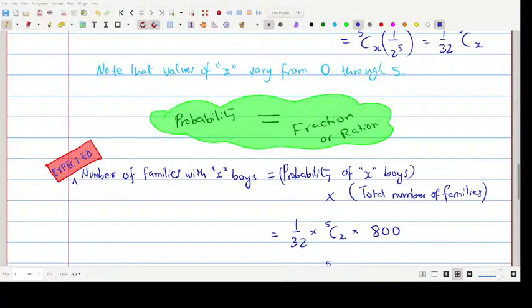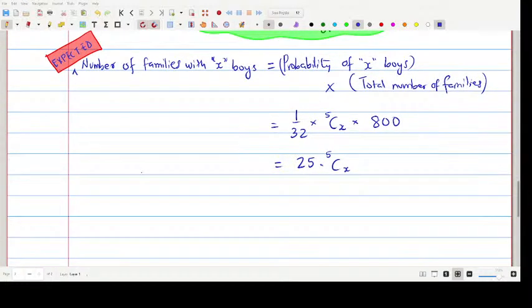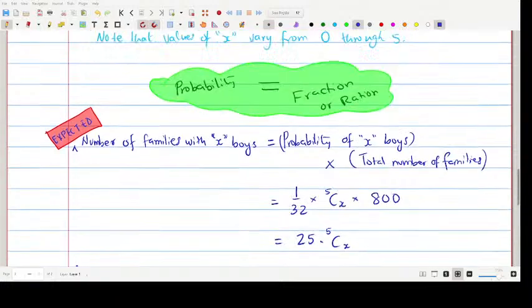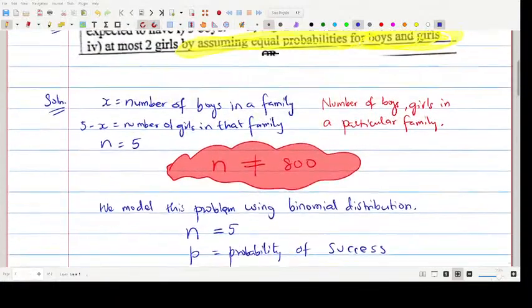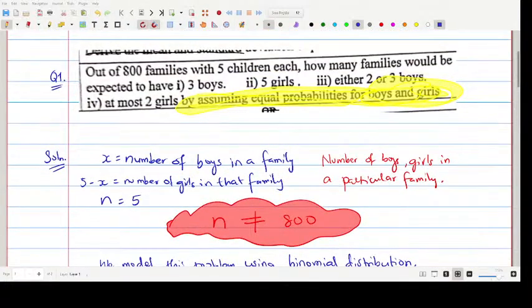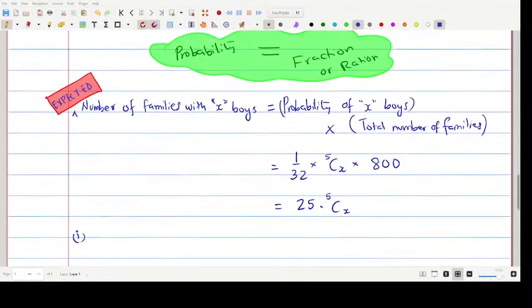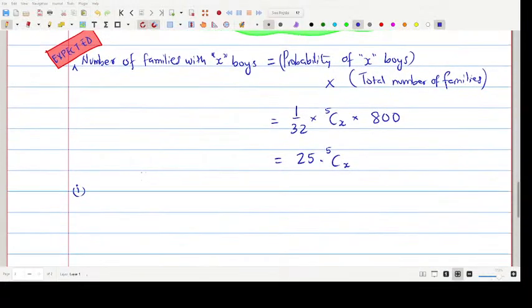Anyhow, let's not go deep into that. Let's try to solve the first problem now. What is the expected number of families? How many families would be expected to have 3 boys? So we are trying to solve the first problem here. 3 boys. Okay, so X is equal to 3, right? X equals 3 over here.